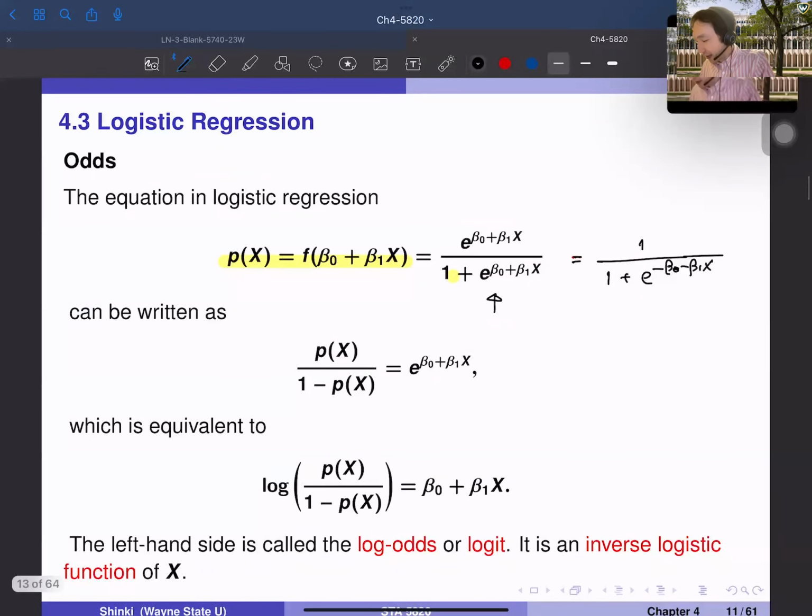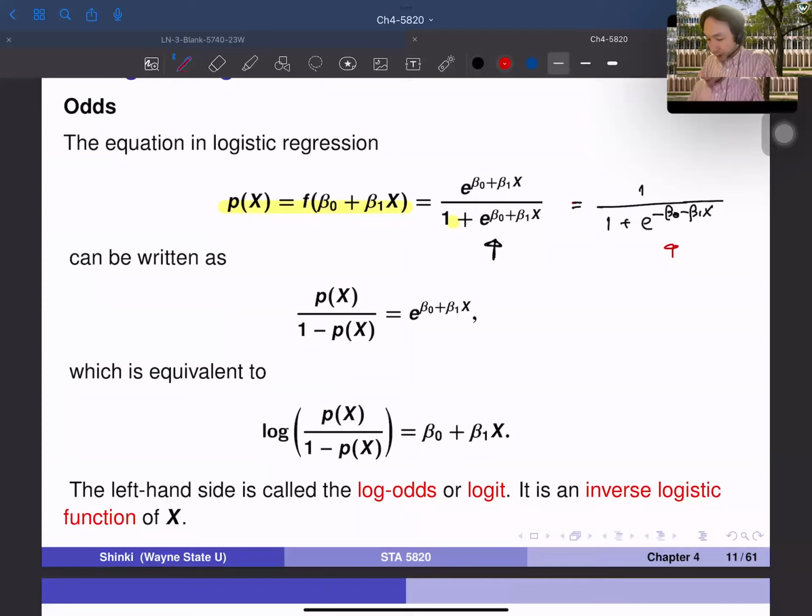Now we think about the inverse function. What's the inverse of F? So we think about what the meaning of beta naught and beta 1 is here.